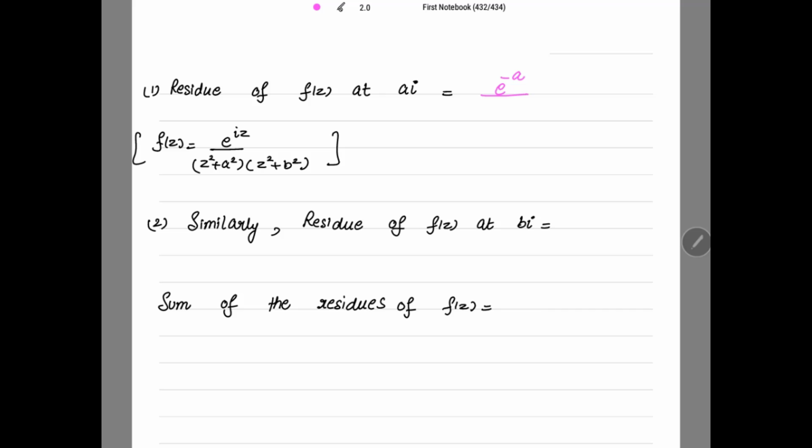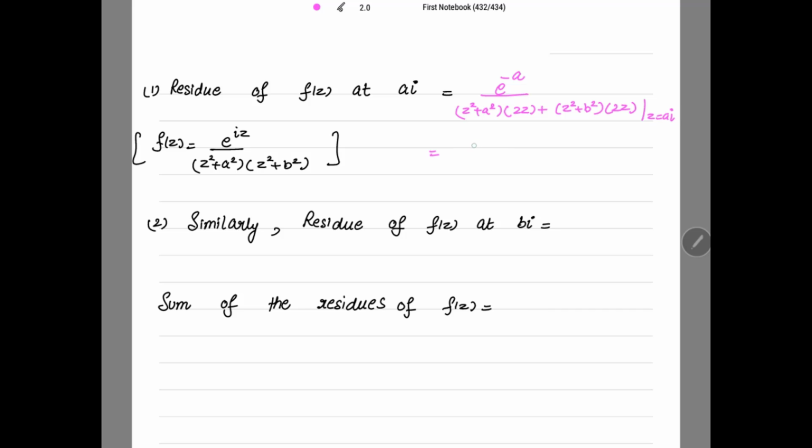After differentiating, you will get, of course, first function into the derivative of the second one, this is 2z, plus second function into the derivative of the first, which is again 2z, at z equal to a iota.